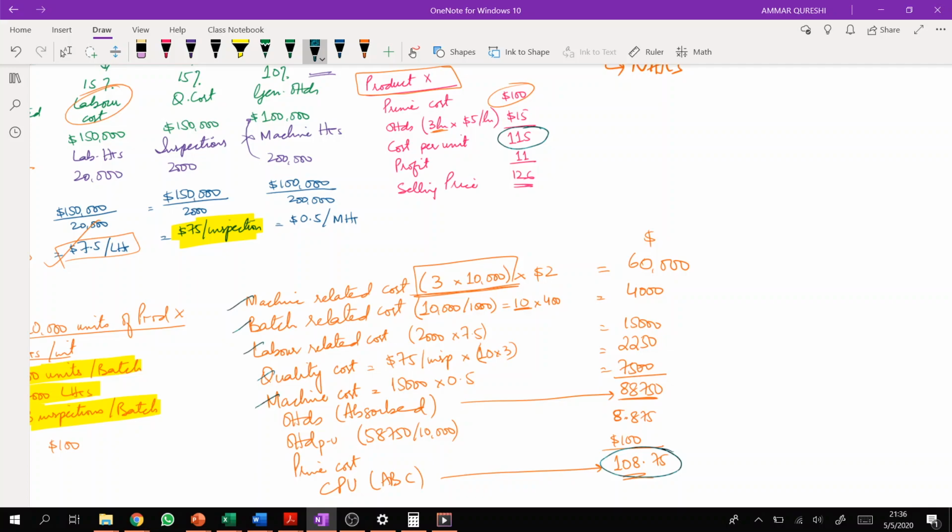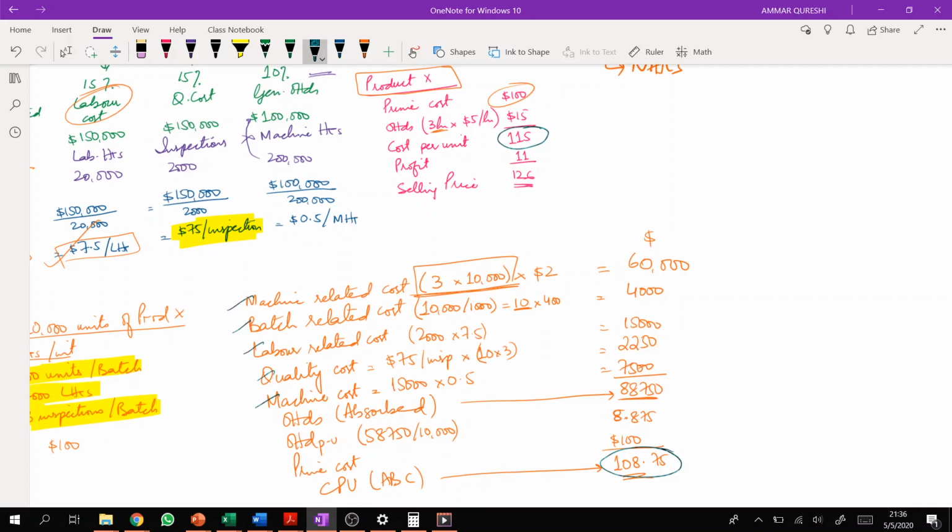Since activity based costing distributes overheads by using multiple cost drivers rather than a single cost driver, that's why activity based costing is more accurate as compared with traditional absorption costing, right? This is the first comment.